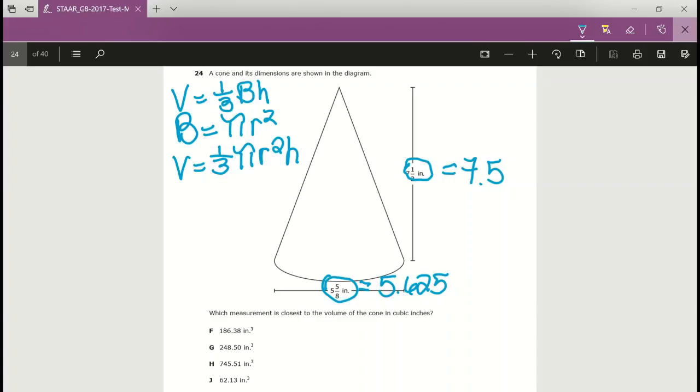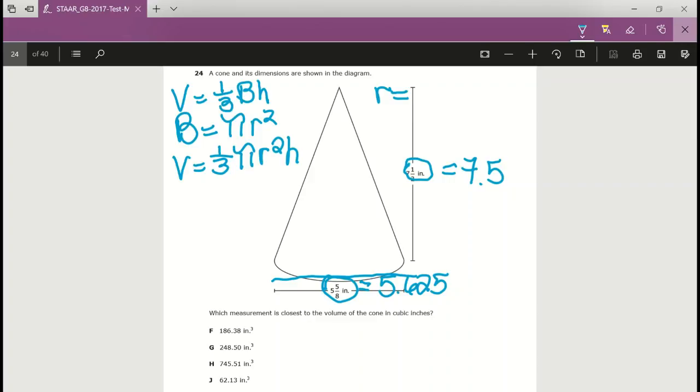Cool. So to use this formula, all I need to know is my radius and my height. Alright, let's start off with the radius. Down here, we're given the diameter, we're not given the radius, because the diameter goes all the way across the bottom of our cone.